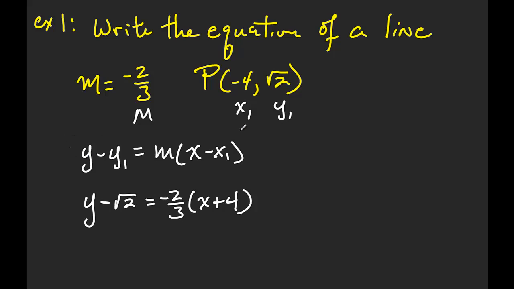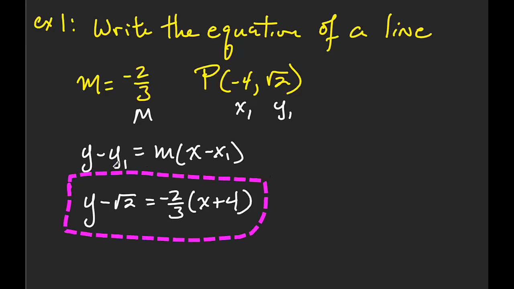Now this comes from the slope formula, and that's exactly how it was derived. I'm not going to take the time to derive it here. All you need to do is to be able to get it to this form. This is the answer. I'm not going to require you to simplify this. It's more work than you really need to worry about, so you don't have to do that.